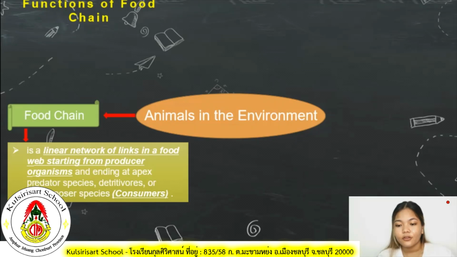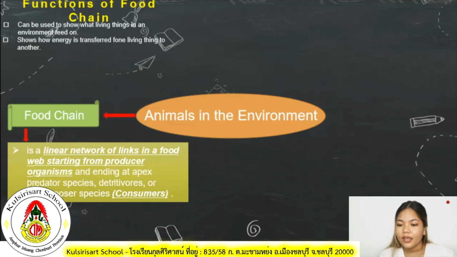Now, under food chain, we studied the different functions of food chain. The first one is that food chain can be used to show what living things in an environment feed on. The second function is that it shows how energy is transferred from one living thing to another.